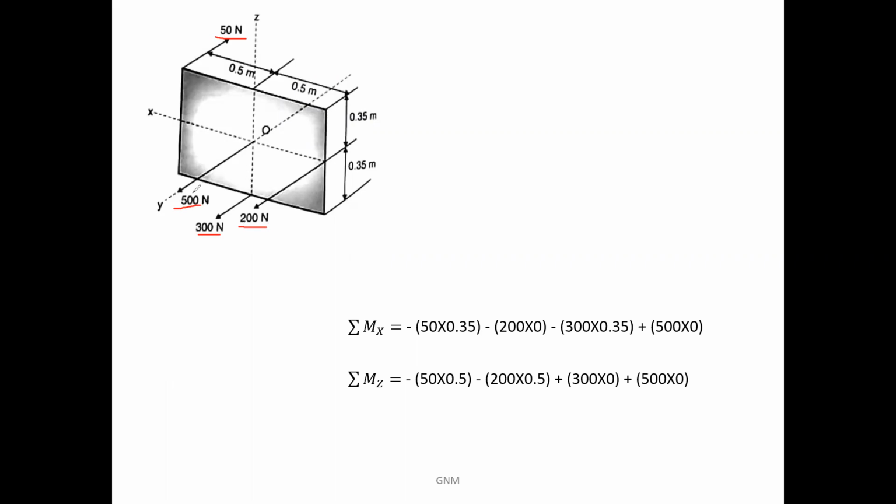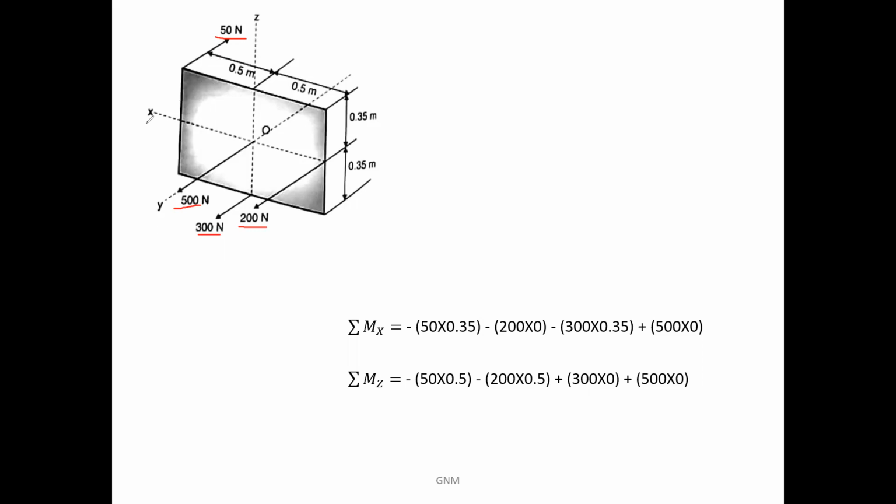Out of 4 forces, 3 forces are parallel to plus y direction, and one force is in opposite direction, that is along minus y direction. So this is an unlike parallel space force system where all forces are parallel to the y-axis.